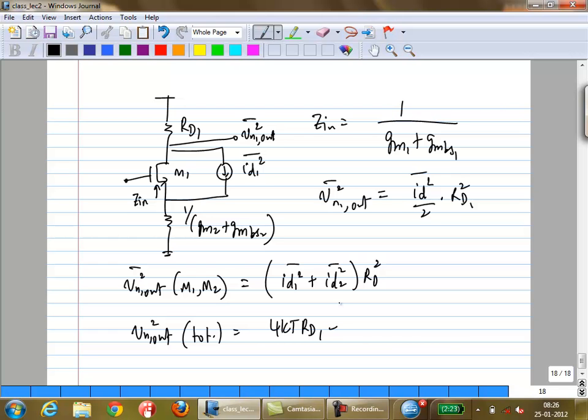Actually, let's just call it 2 into 4 kT RD, plus ID1 is the same as ID2, which is 4 kT gamma GM1 and 2. Right? This is a differential pair. All the transistors are identical. Both the transistors are identical.